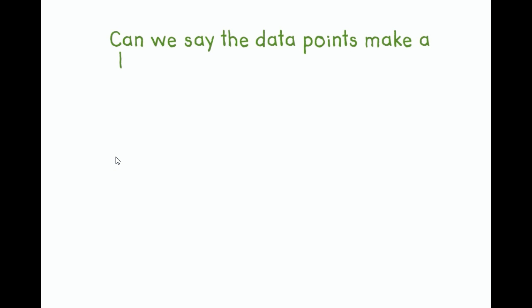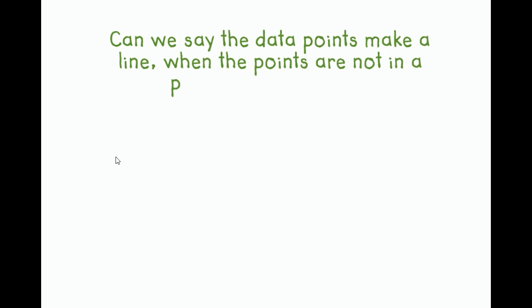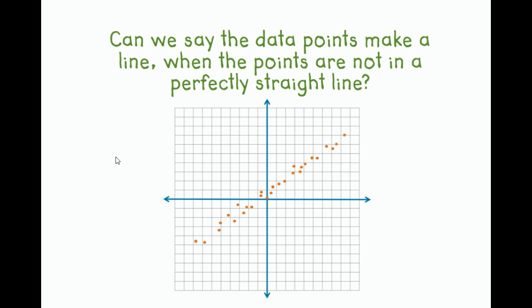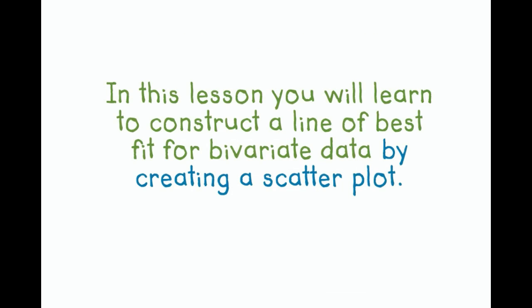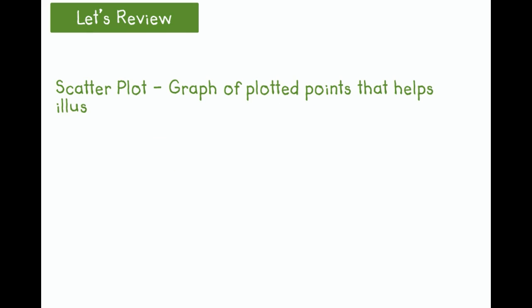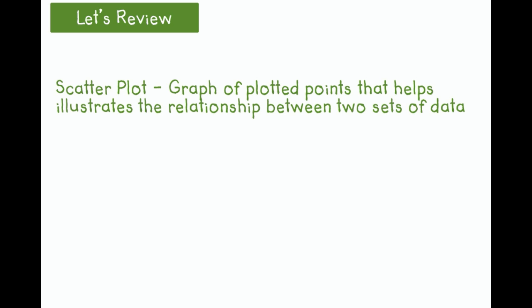Can we say that data points make a line when their points are not in a perfectly straight line? For example, would you say the data points on this graph make a line? In this lesson, you'll learn to construct a line of best fit for bivariate data by creating a scatter plot. Let's review. A scatter plot is a graph of plotted points that helps illustrate the relationship between two sets of data.